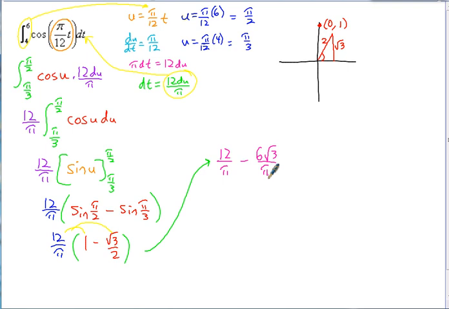You could leave it like that, but since they already have a common denominator, it might be simpler to just make it a single fraction, 12 minus 6 square root of 3, all over pi. So once you get down to just constants, just numbers, they're all correct, it's just different ways of writing it. And sometimes with multiple choice questions, you may need to simplify to get it to match up with the answer.